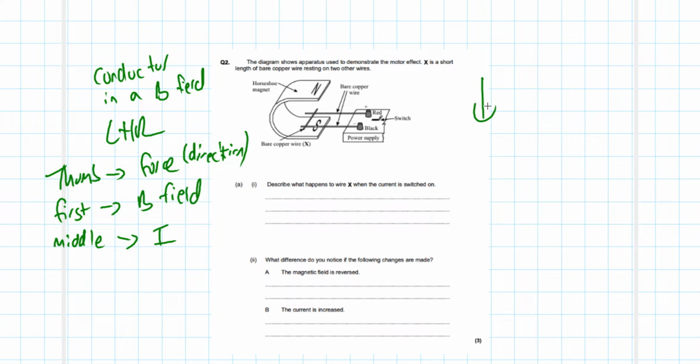Now the current is the most interesting part here, because the current is going to flow from positive to negative. So current will flow in this direction, and therefore your wire will go to the right.